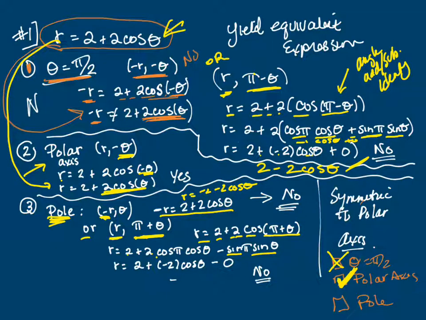So working that out, it's 2 plus, and this would be -1, so that would be -2 cosine theta minus 0. So you get r equals 2 minus 2 cosine theta, and you were supposed to have 2 plus, so this one's a no. So that's how you do it, testing the equation for all three types of symmetry. We'll do a few more examples in the next videos.